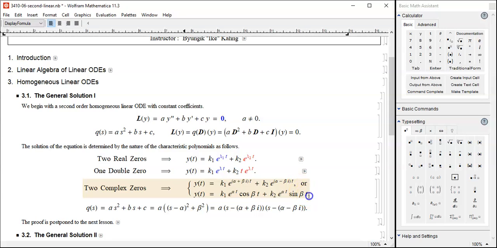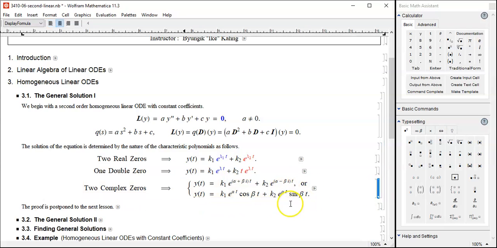Or you can go to the second line and use exponential times sine or cosine. Which do you prefer? My preference is the first line. Our textbook author prefers the second. As a matter of fact, I checked many textbooks and almost all the books I checked preferred the second line.